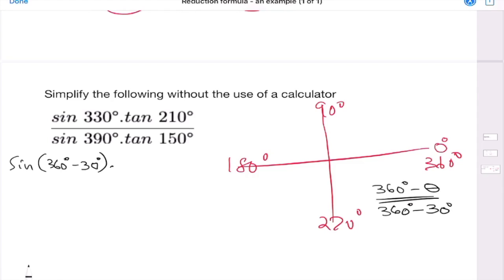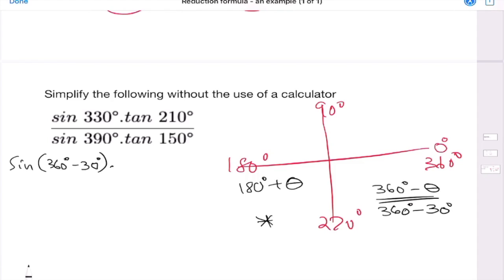Right. Now let's look at 210 degrees for the tangent there. 210 is in the third quadrant, and we said angles in the third quadrant can be expressed in the form 180 plus some acute angle, theta.